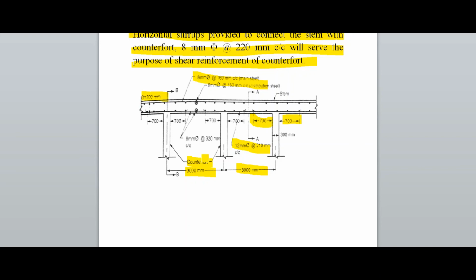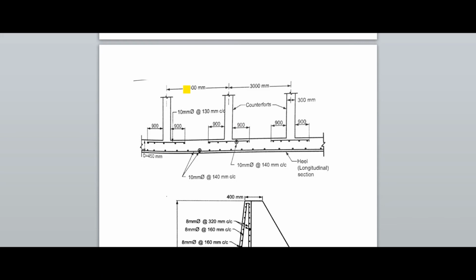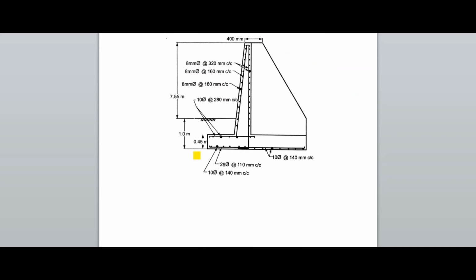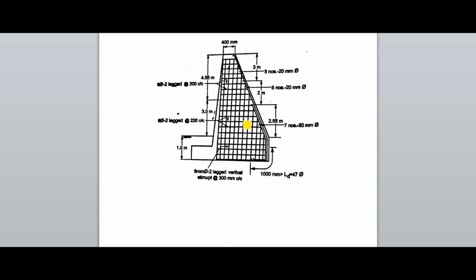This is the stem and counterfort connection. Second is 300 mm, 900 mm, here is 10 mm. These are the heel and counterfort connection. After this is the stem, heel and toe slab design. Then here is the vertical stirrups and horizontal stirrups design. Okay, this example is completed.